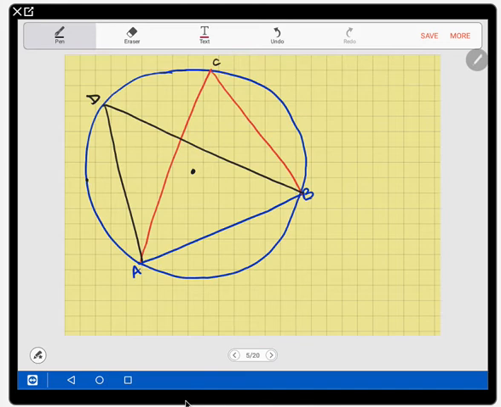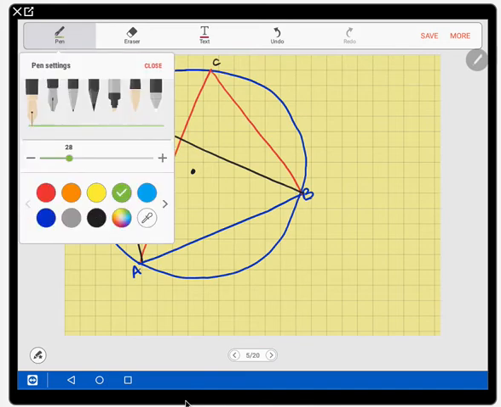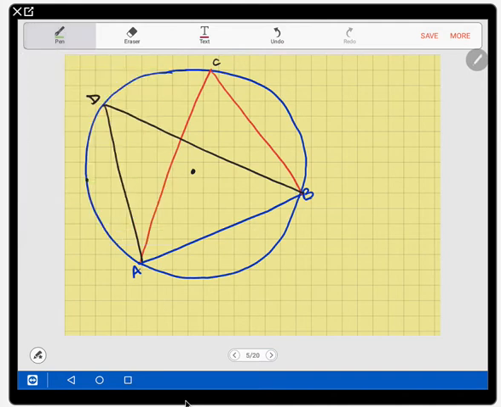If I do that here, what you will find is that this angle here, this angle here, and this angle here, right? If that is x, this will be x, this will be x.